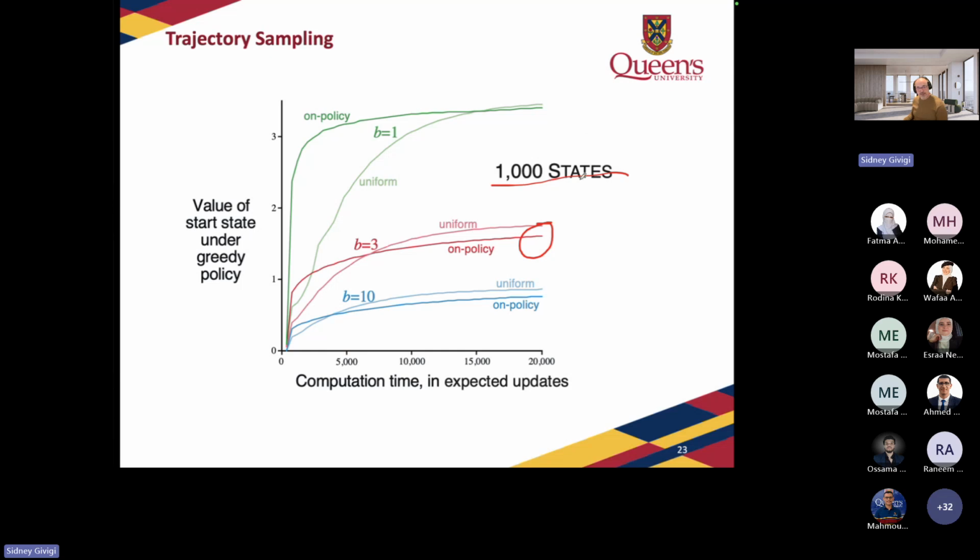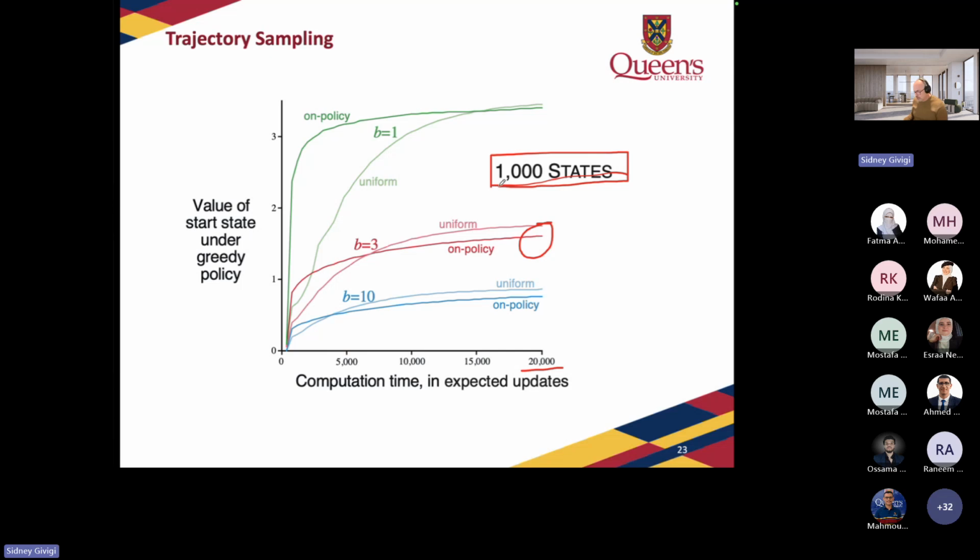Because if you have 1,000 states, yes, eventually when you have enough number of updates, you're going to visit everything. This means that you're going to be able to visit all the states with uniform, and on-policy, you're not going to visit all the states. But this is only 1,000 states, okay?